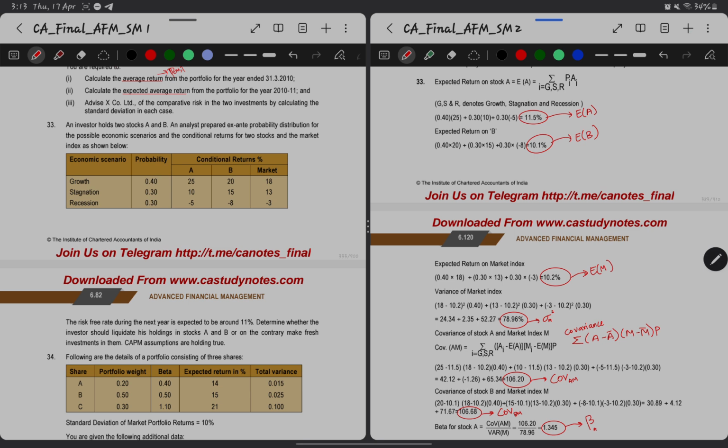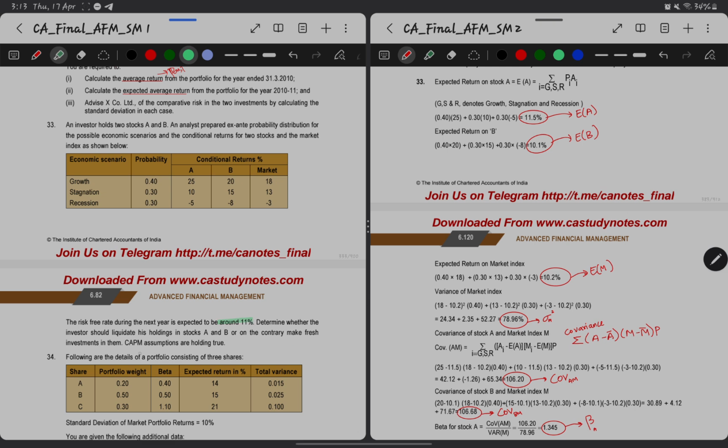Economic scenarios are given for growth, stagnation and recession, and probabilities are given, and conditional returns are also given for A, B and the market also. These are returns in percentages. The risk-free return is given as 11%.